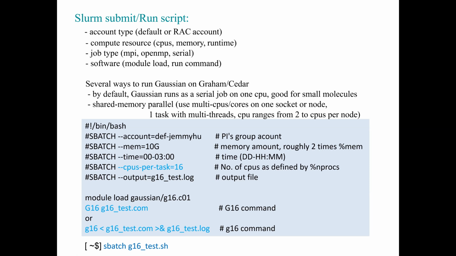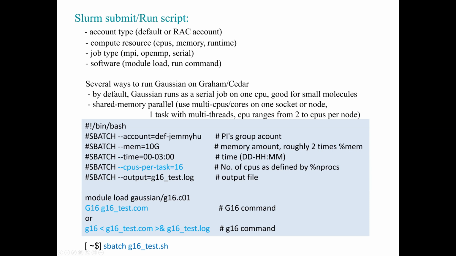You can also specify an output file, and this output is not the Gaussian output. It is for any messages and issues from the Slurm system, like a crash, memory problems, or other things. Any messages printed on screen will go there.